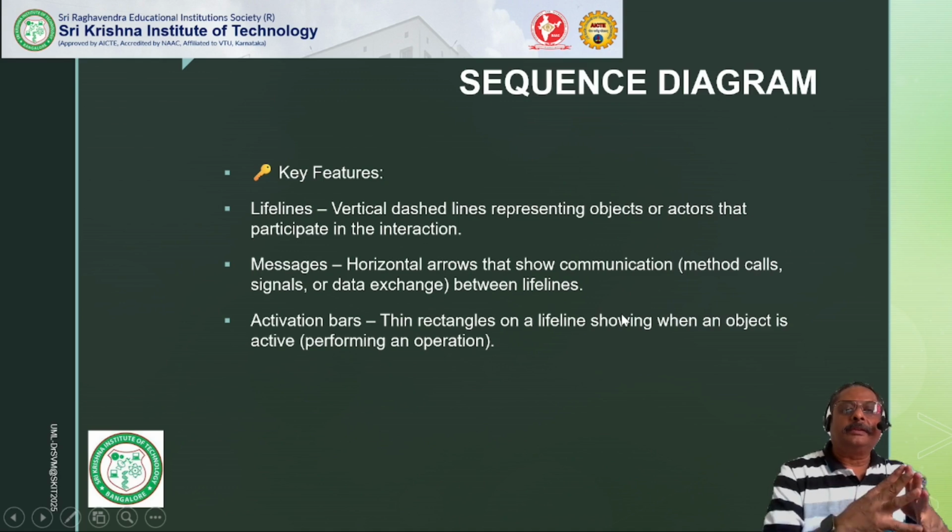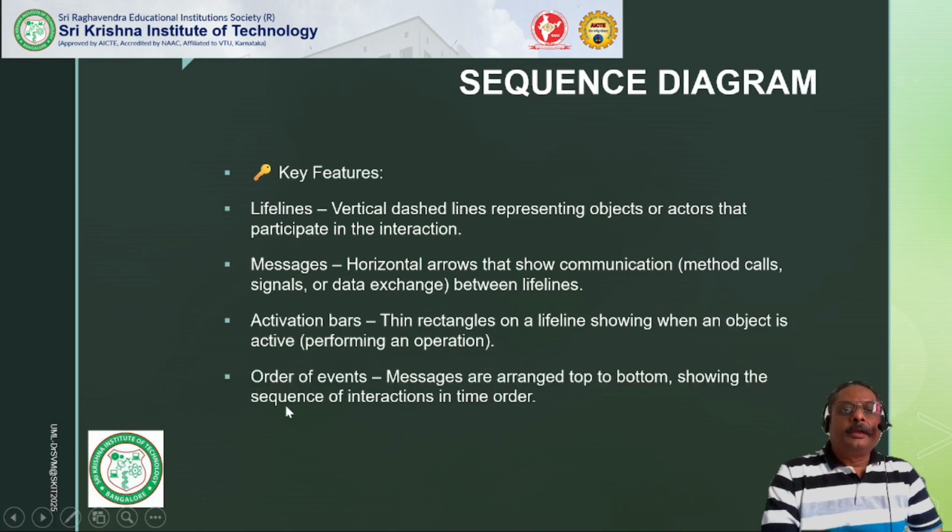And then we have activation bars, thin rectangles on the lifeline showing when the object is active. That means when the object begins to work on something and how long it works, that is shown by a rectangle. Then we have order of events, that is the messages are arranged from top to bottom showing the sequence of interactions in time order.